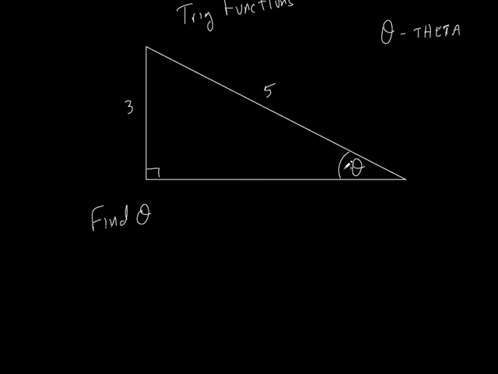So which trig function uses opposite and hypotenuse? The sine, right? You see what I'm doing here? If I didn't know this side right here, and I didn't bother finding it, I've got this, which is opposite, and this, which is hypotenuse. Which trig function uses opposite and hypotenuse? The sine does. Okay, so what am I going to do?